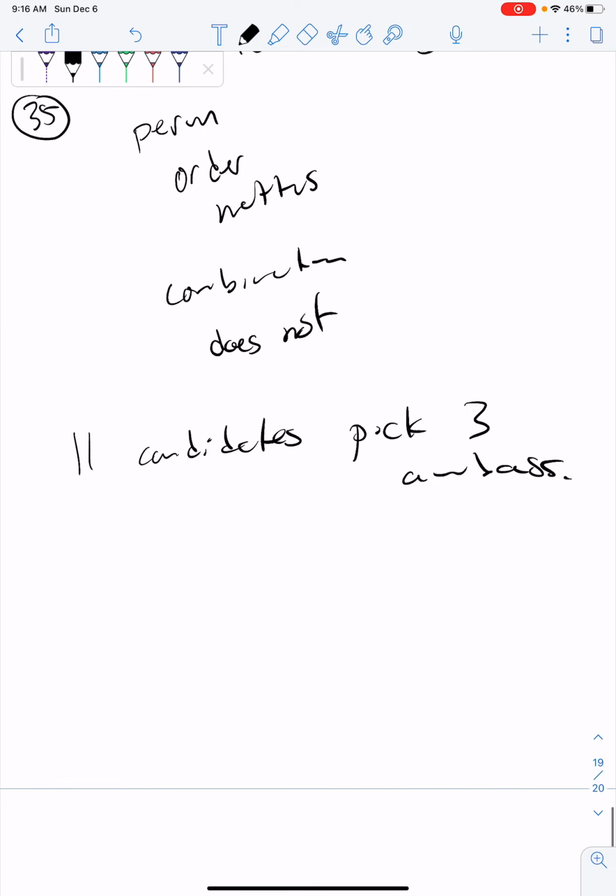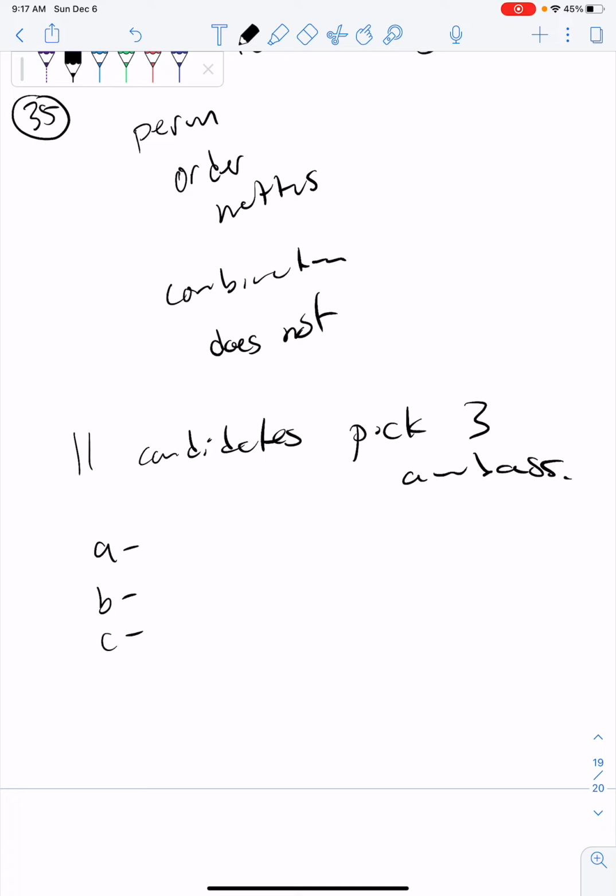Now this one, I'm not sure how I feel about this one because it doesn't tell you if the order matters, and you kind of have to logic your way through it. And in this case, the order does matter because if I've got country A, country B, country C, and if I assign people to different countries, that's a different assignment.